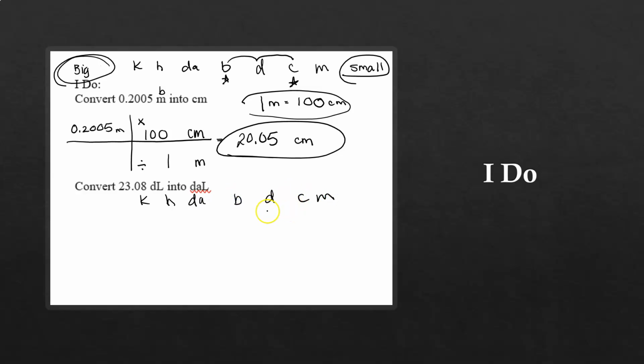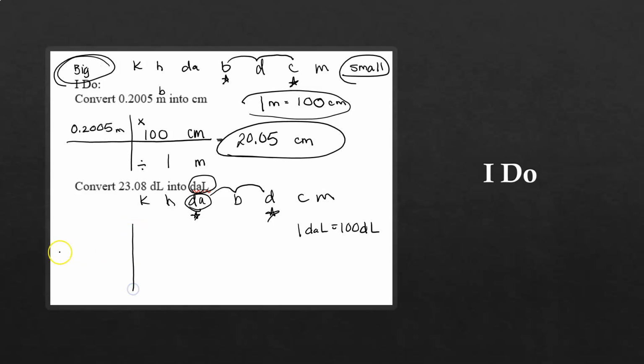We are starting at decaliters, which is here, and we want to change into deciliters here. Okay, so decaliters to deciliters. Looking at it, deca is bigger, so it gets the 1. Deci is smaller, so it gets 2 zeros next to its 1.